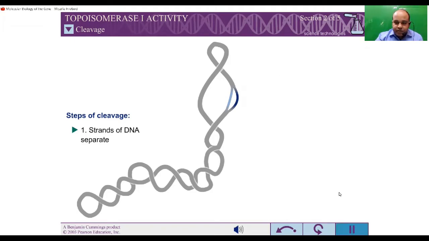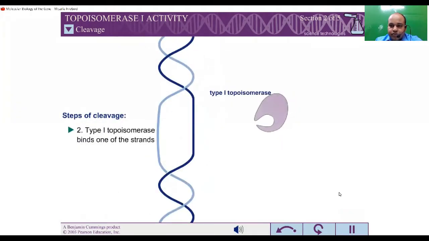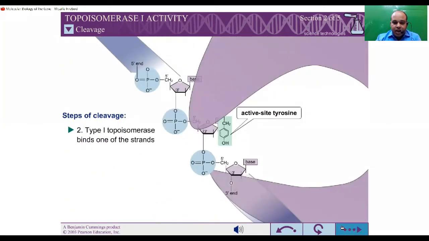नेक्स्ट पॉइंट. One of the DNA strands binds in a cleft in the type 1 topoisomerase, placing it near the active site. Now see, this is how the type 1 topoisomerase is going to act. Then it moves to the DNA and binds to the active site of the DNA molecule.